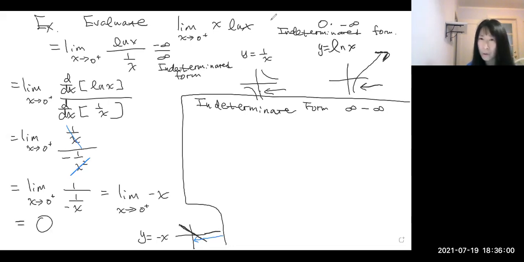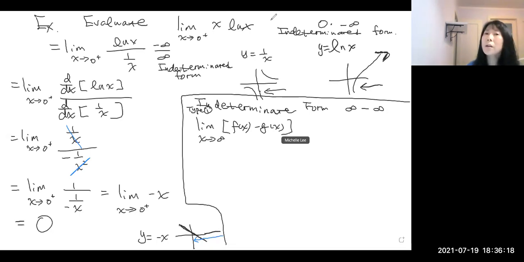It depends on the problem. So let me show you. Type 1, limit. When x approaches positive infinity, we have f of x minus g of x. Then if f of x is going faster than g of x, we get the answer as positive infinity. Okay, for example, like this.